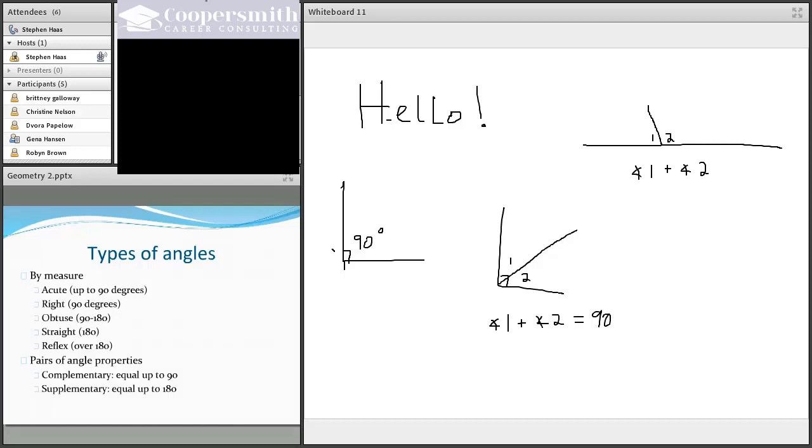Angle 1 plus angle 2 has to equal altogether 180. Very good. Why is that? Because a straight line is a half a circle, and a half a circle is 180 degrees. So in this case, the two angles are considered supplementary. So whenever you hear the term complementary angles, they have to equal up to 90, and supplementary angles have to equal up to 180.